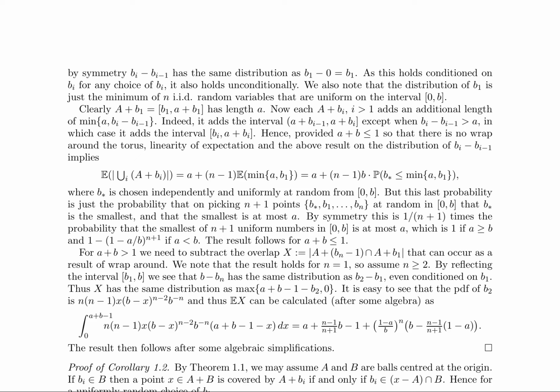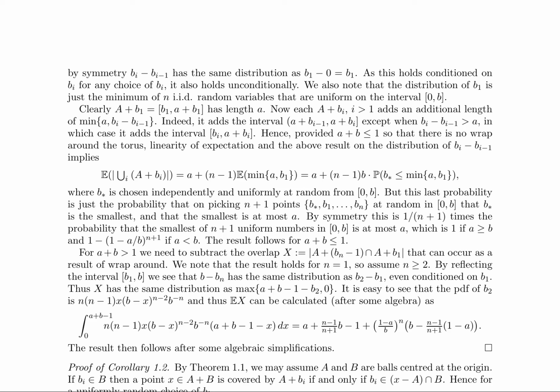The distribution of the minimum of n i.i.d. random variables uniform on 0, B, is discussed, establishing that the distribution of B1 is the minimum of n i.i.d. random variables uniform on 0, B. The distribution of bi minus bi-1 is shown to be the same as B1 minus 0 equals B1, conditioned on B, for any choice of bi.